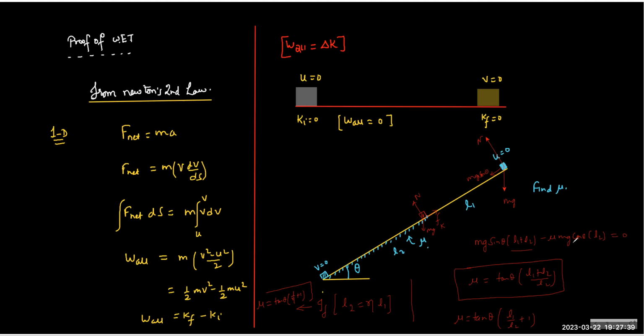So minus mu mg cos theta is the force value, and then L2 is the displacement. We simply multiplied because these are constant in nature, so we can use the definition of work done by a constant force. And so we have this answer. I hope this is clear. It is clear, guys? Tell me. Yes.